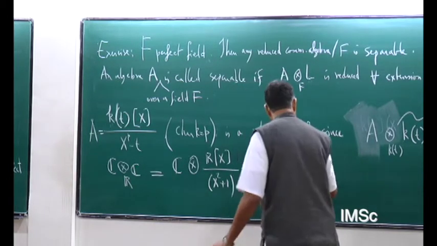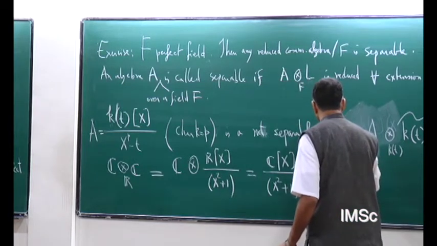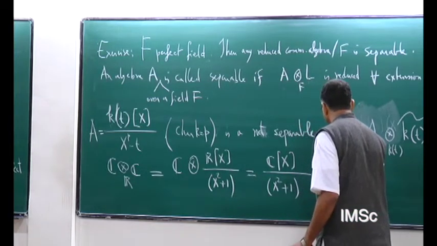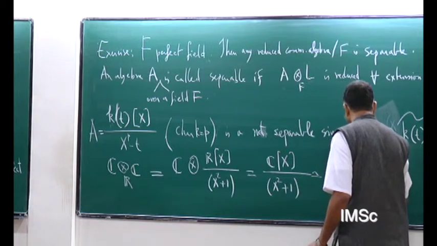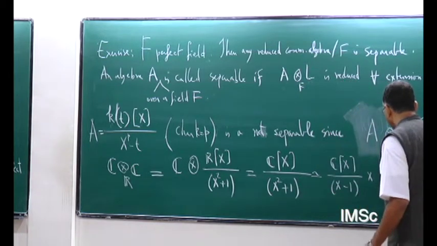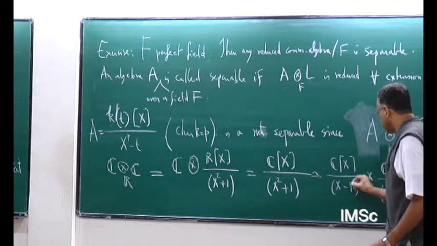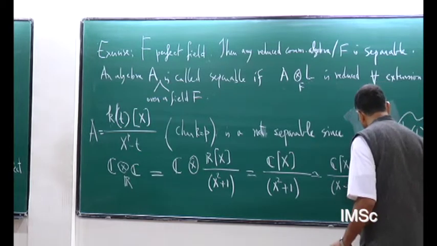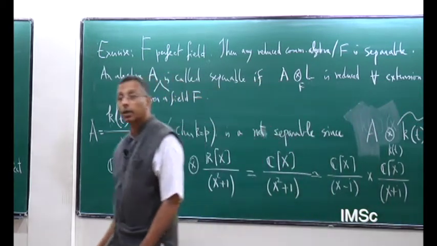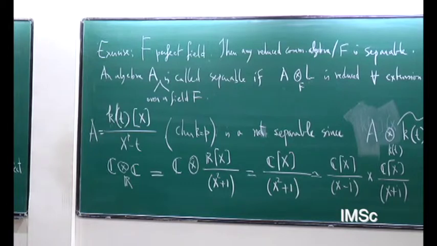We know this is C[x] by x minus i cross C[x] by x plus i. But that is reduced.